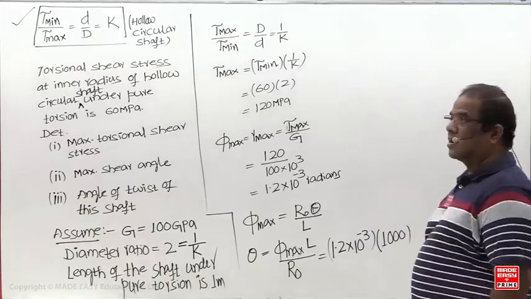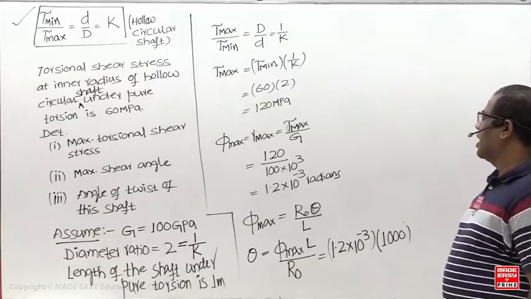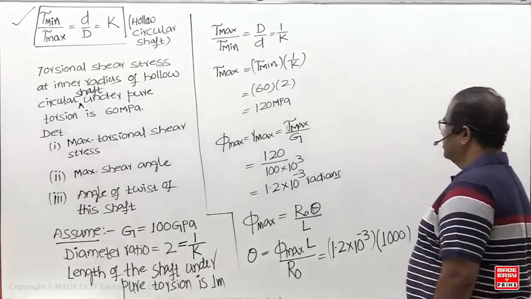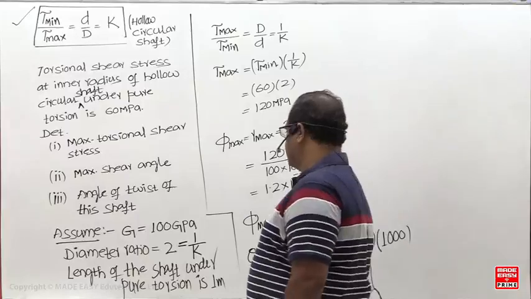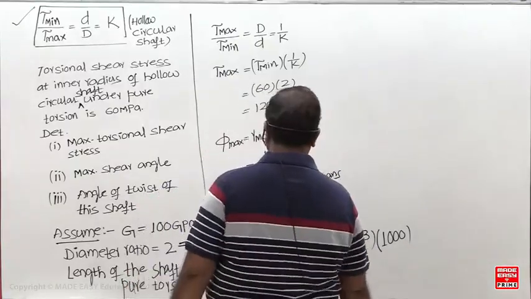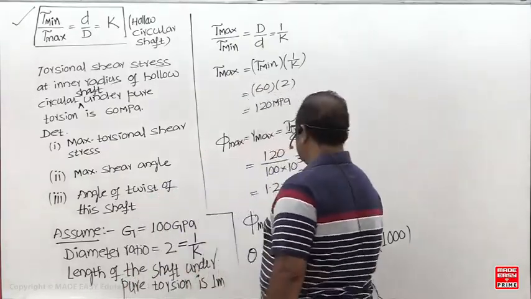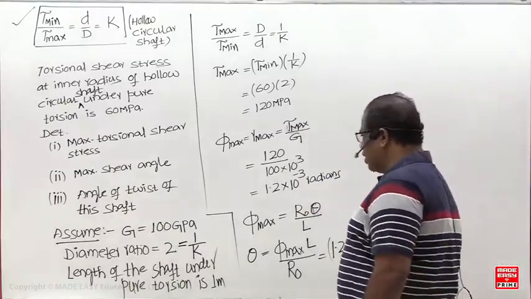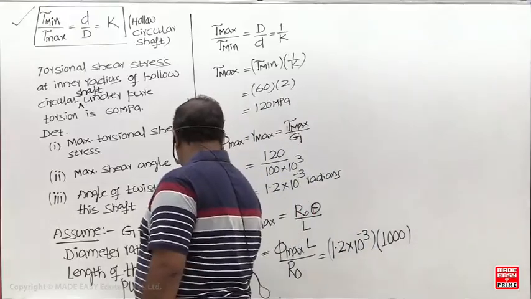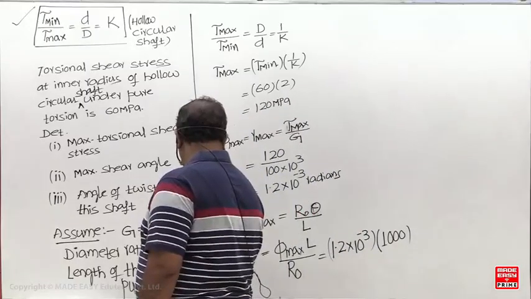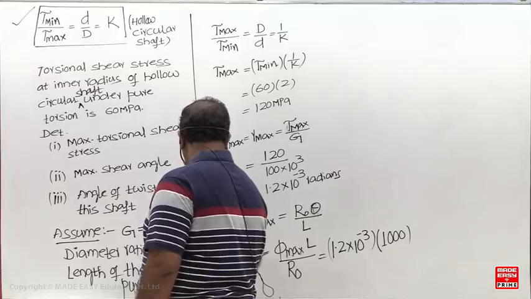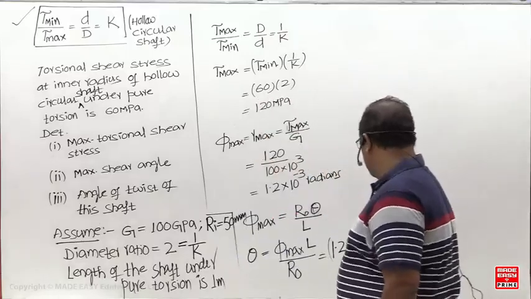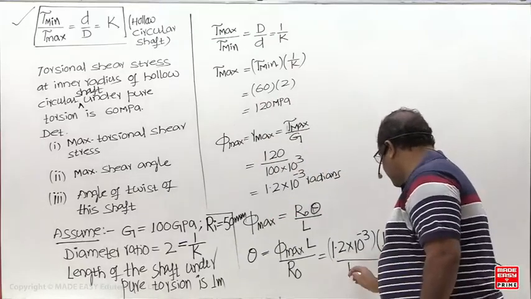Now in this case, radius is required. R0 is required for this calculation. So for this question, R0 is required. Assume inner radius is 50, which means outer radius is 100.